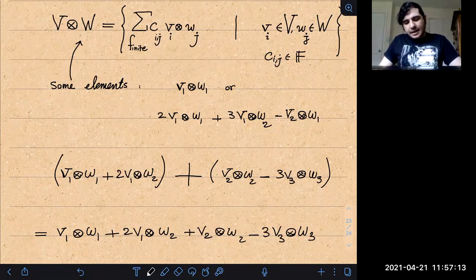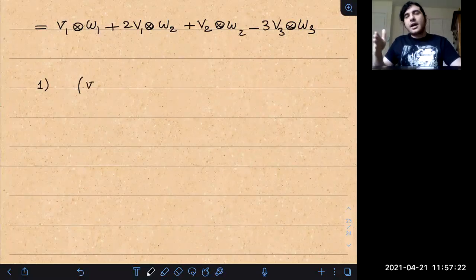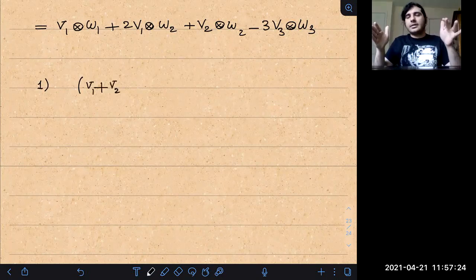The first thing is that if I take a vector V1 and a vector V2 inside the vector space V, their sum would be another vector inside this vector space, right?